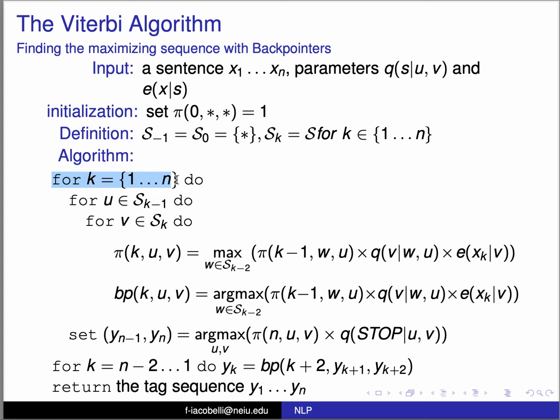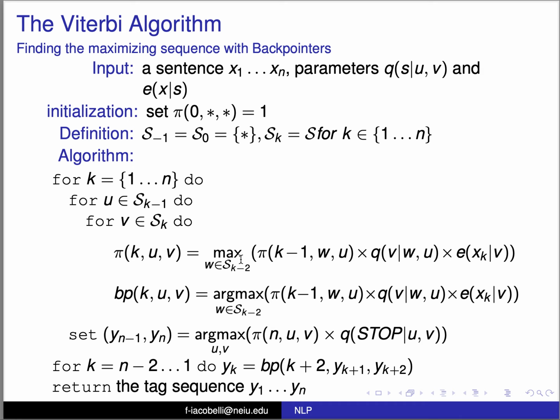For each of them, evaluate pi, given the position and the last two tags, as the maximum of the previous pi times the transition probability and emission probability of the current tag with the previous two, and you loop over all possible tags for the previous tag. Basically, you're doing the trellis.